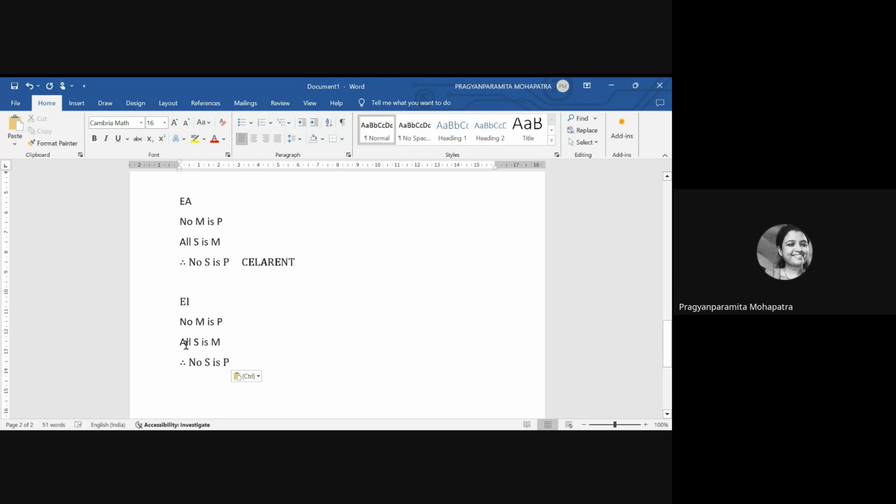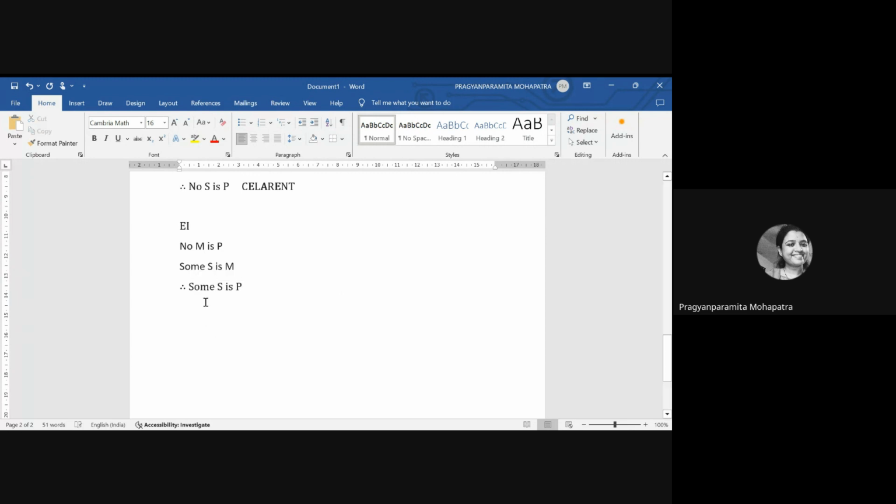EI: no M is P, and I will be: some S is M. If one of the premises is particular, the conclusion must be particular: some S is P. Here the middle term is distributed, so there is no problem.